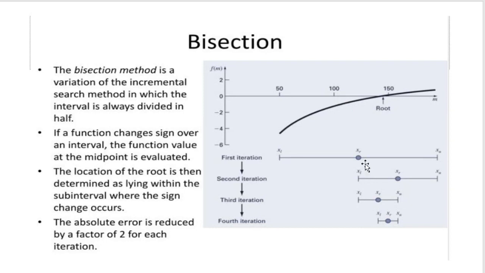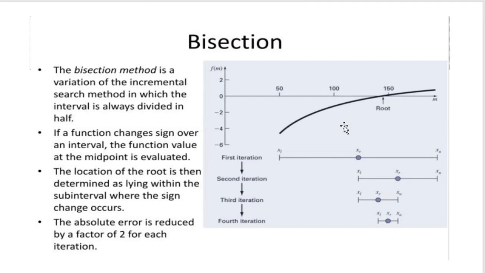Now from the graph you can see that at xr, f(xr) is negative. So what we conclude after the first iteration is that the root lies between xr and xu. For the next iteration, the search range has reduced to half the initial search range.